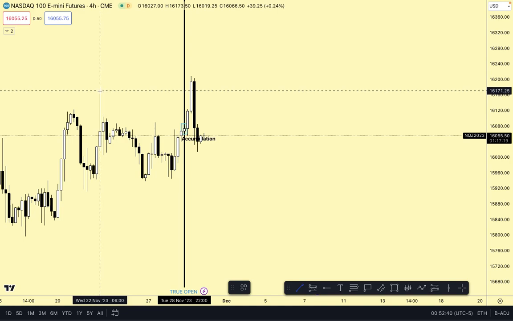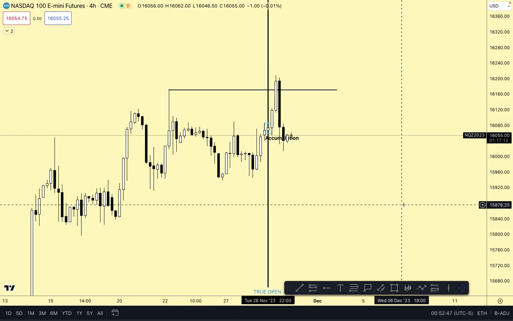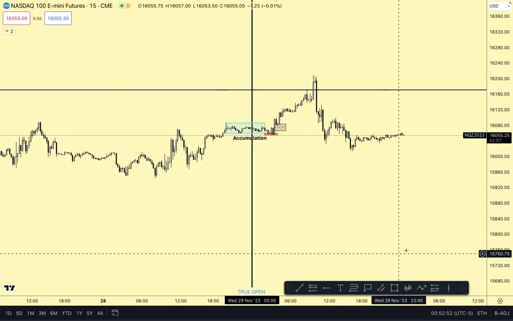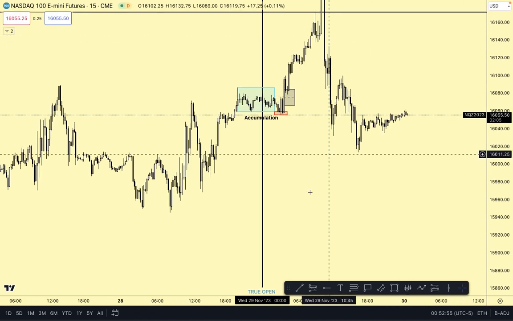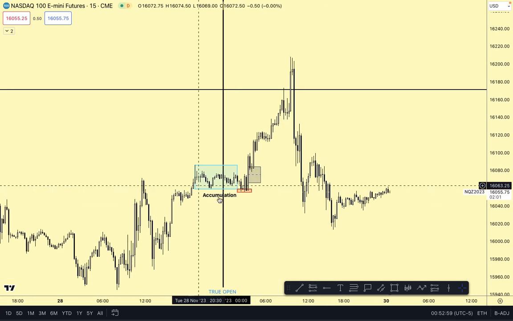Had this high. Loki looks crisp on the M15, no lie.